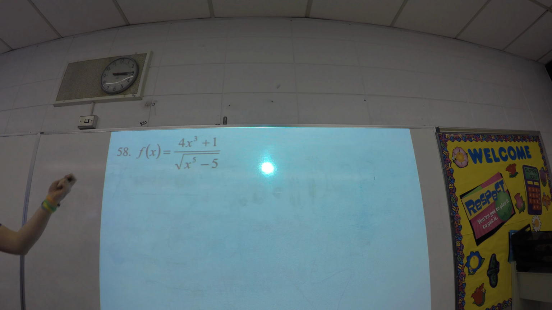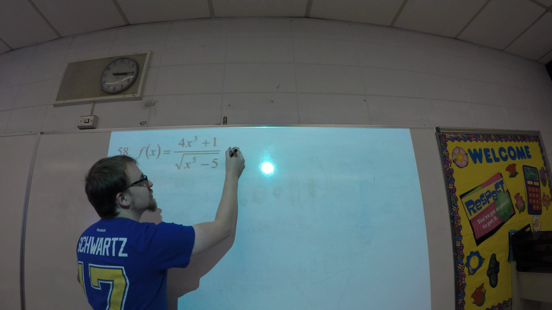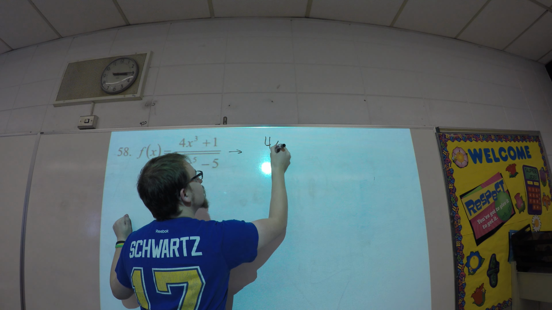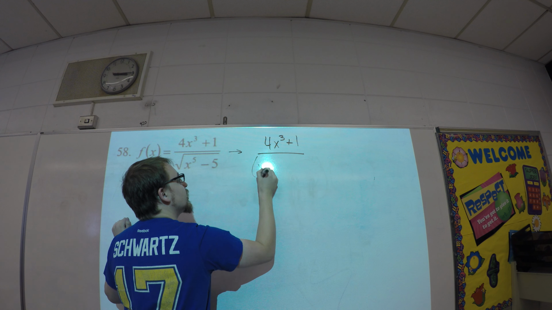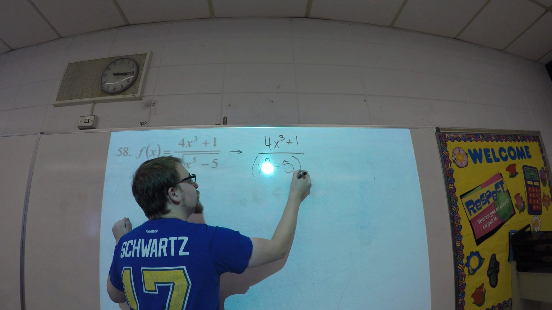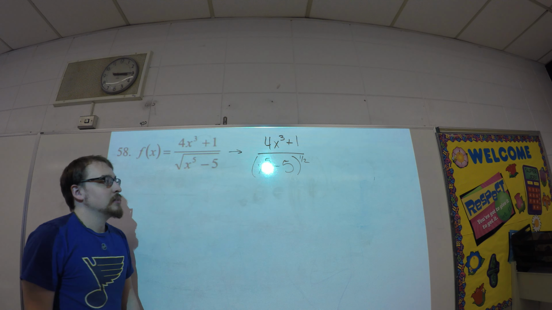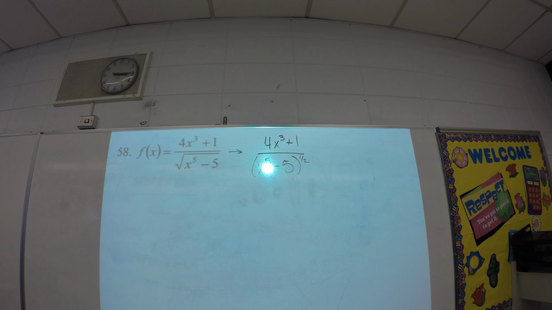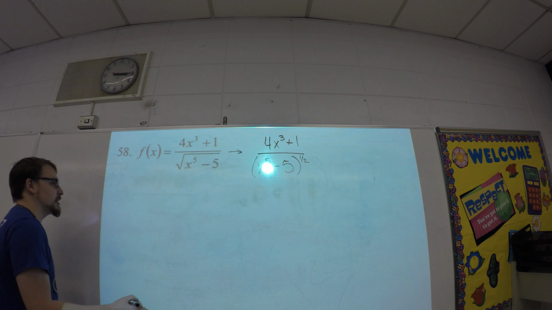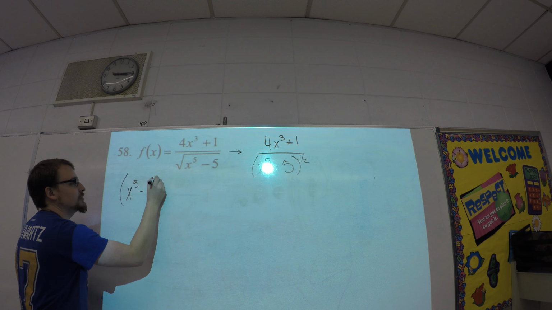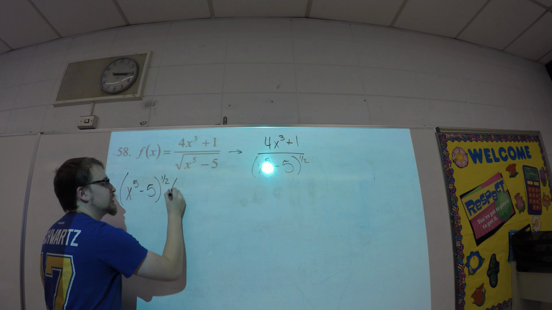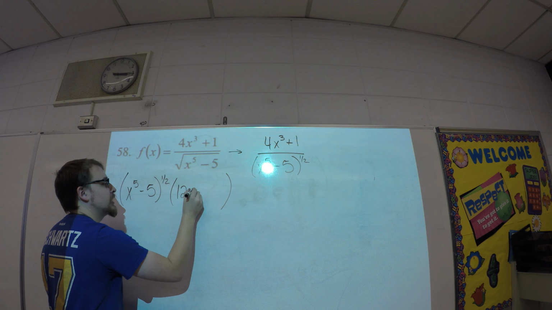All right, so this one. Taking the derivative. All right, so we're gonna rewrite this, all over x to the 5th minus 5 to the half power, right? So, quotient rule says low d high, high d low, right? Well, low, leave it alone, x to the 5th minus 5, all to the half power, times the derivative of the top, which is 12x squared.